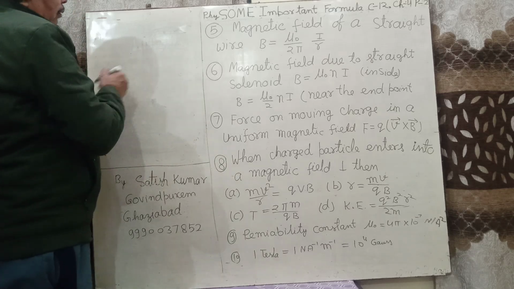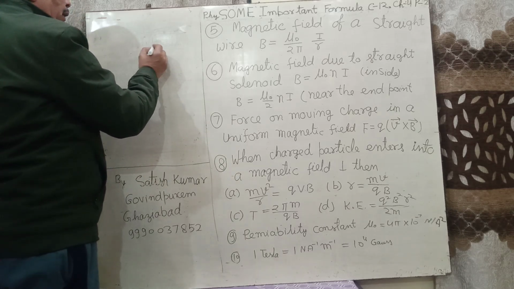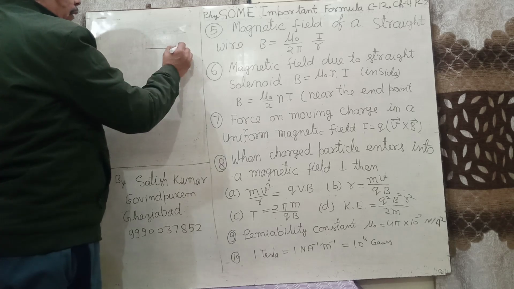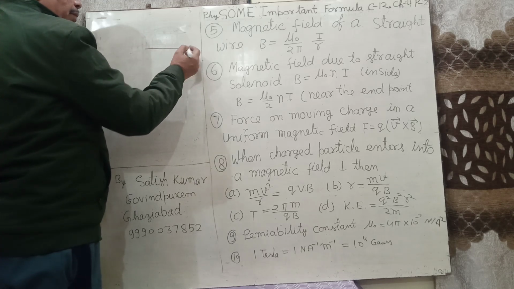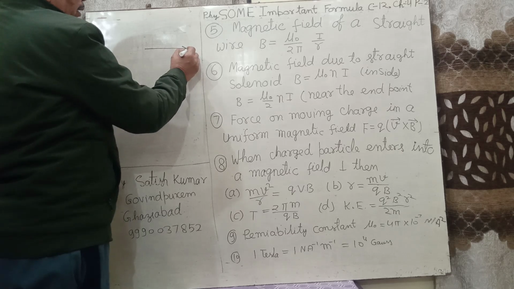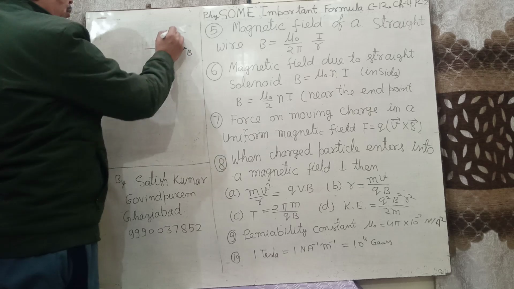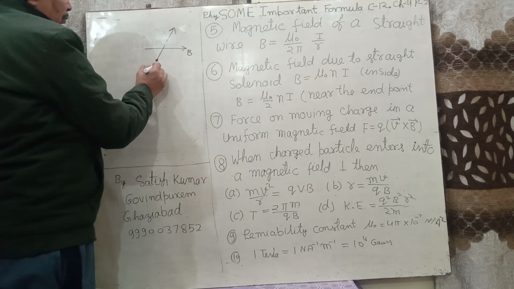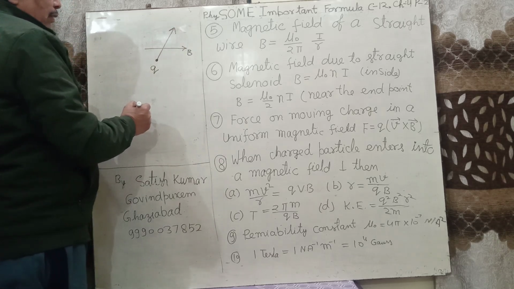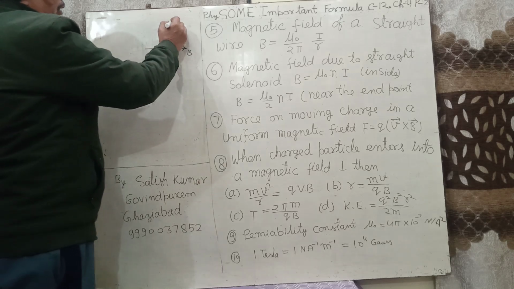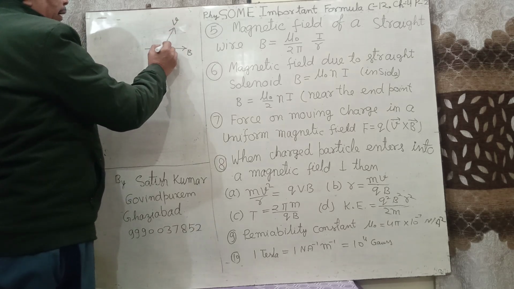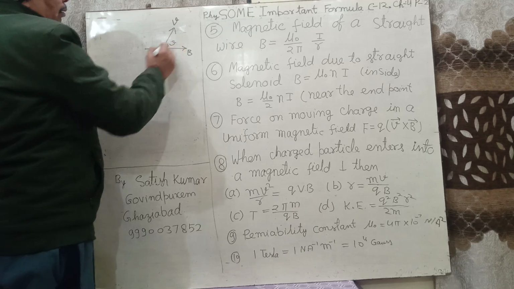Suppose the magnetic field is in this direction, and charge Q is moving in this direction with velocity v, and the angle is theta.